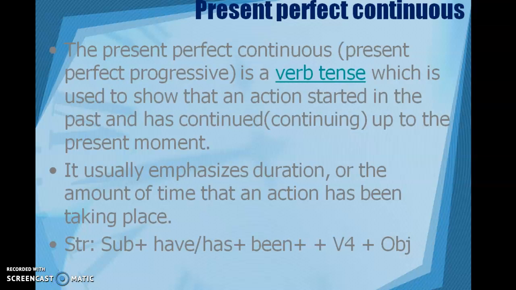For example, she has been crying since morning, and the action started in the morning and that is still continuing, either continuing or continued. But the result of this action can be seen now, or maybe this action can continue.